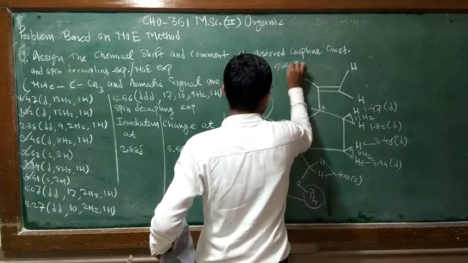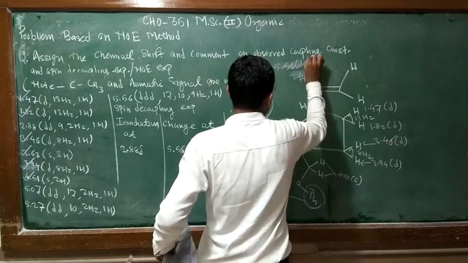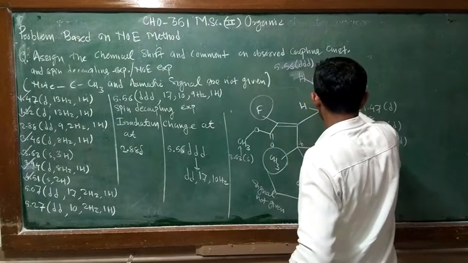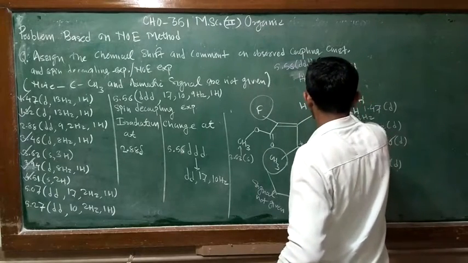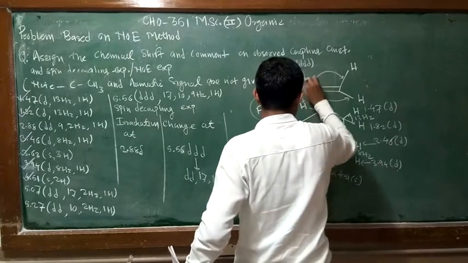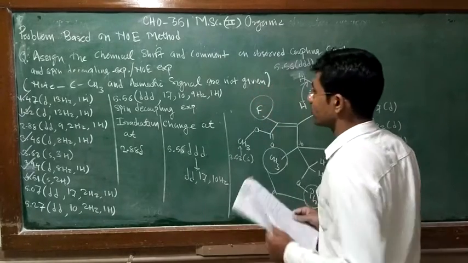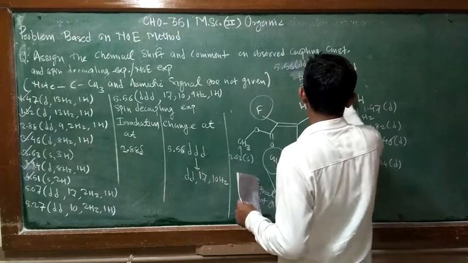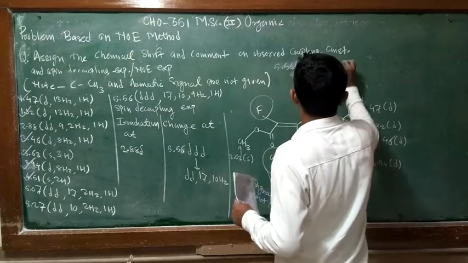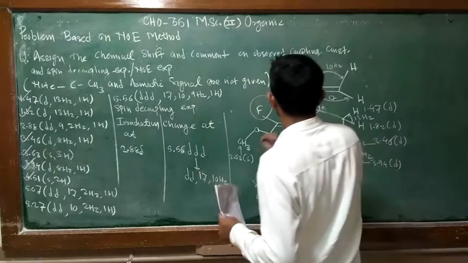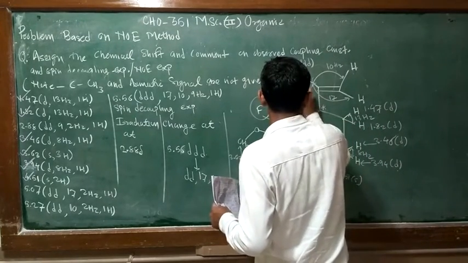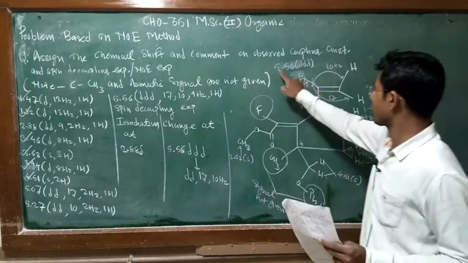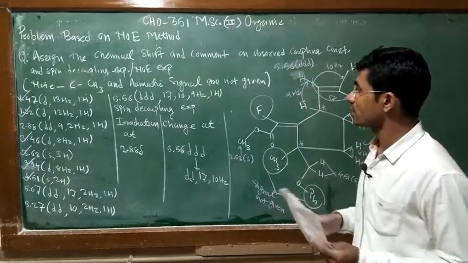If you see, this proton shows a doublet of doublet of doublet. It shows the cis coupling, the trans coupling, and also couples with this allylic proton. So 3 couplings are possible: 17 Hz trans, 10 Hz for cis, and 9 Hz is nothing but allylic coupling. In this way we assign 5.56 to this proton.